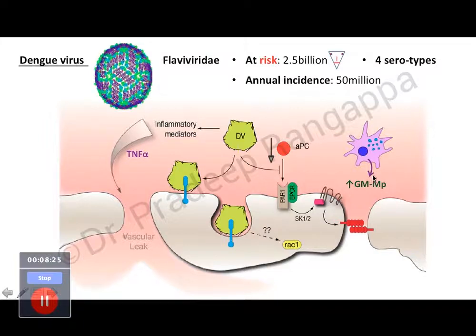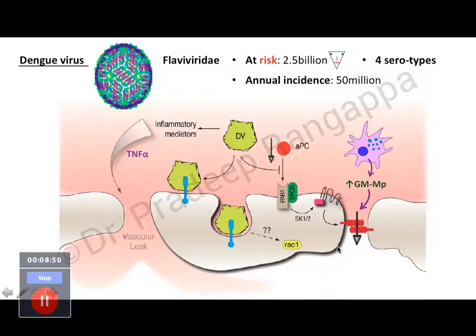Basically, there is release of a cytokine-like gelatinolytic matrix metalloproteinases, which are produced by these dendritic cells, and this is known to reduce vascular endothelial cadherin. This dumbbell-shaped protein you see is vascular endothelial cadherin, which forms bridges that maintain the integrity of the endothelial cells within the vessel wall.